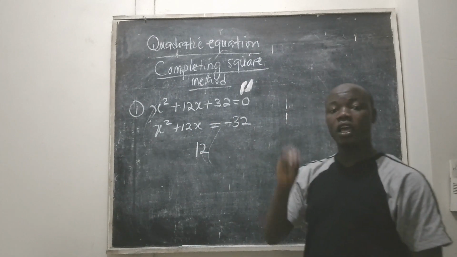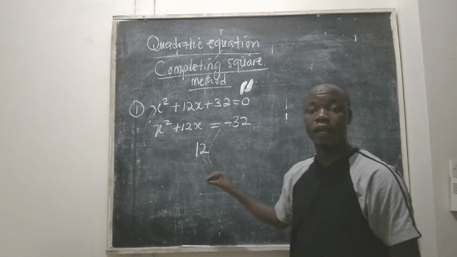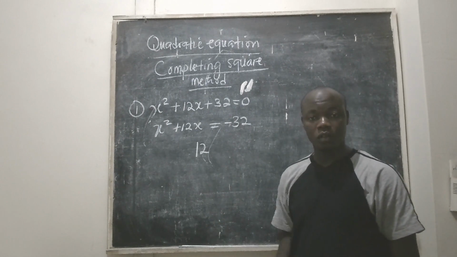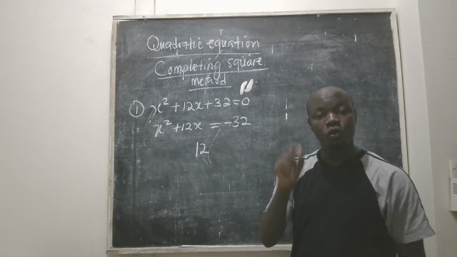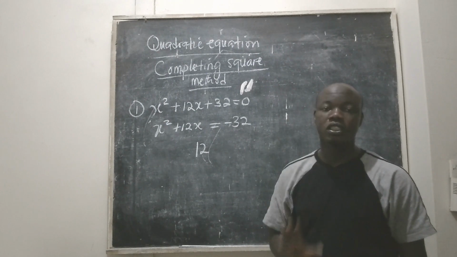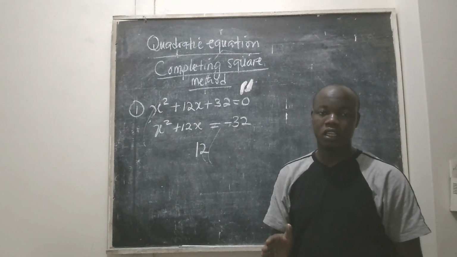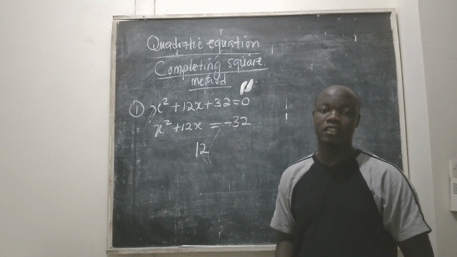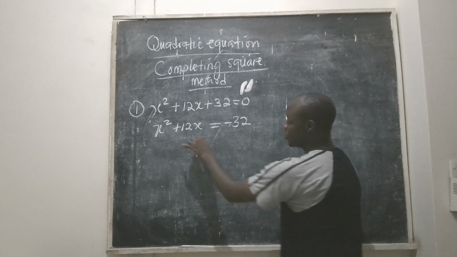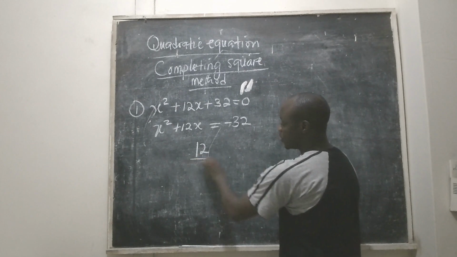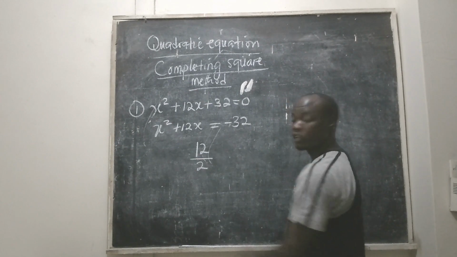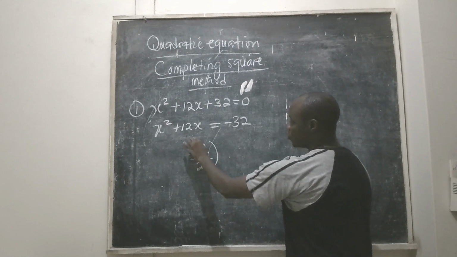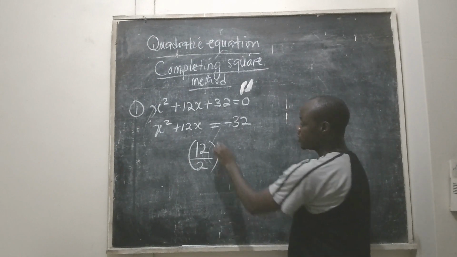If you are applying the completing square method in solving a mathematical problem, always take the coefficient of x, divide it by 2, and then square it. So now we take 12, divide it by 2, and then square it.